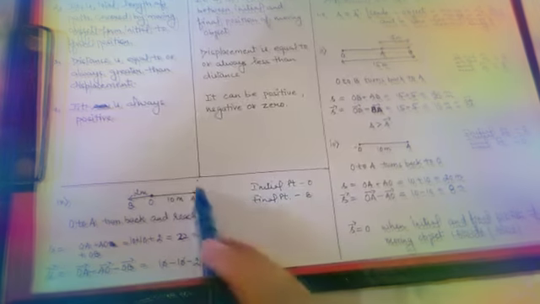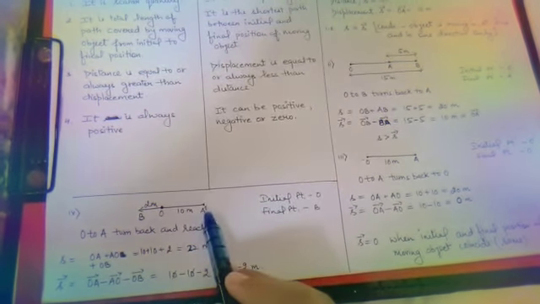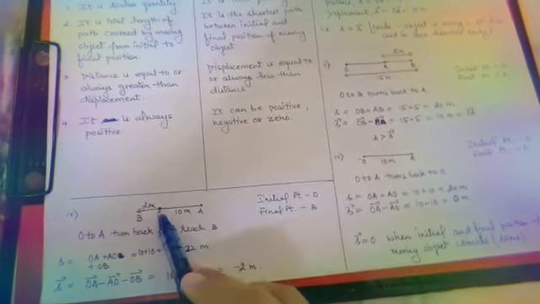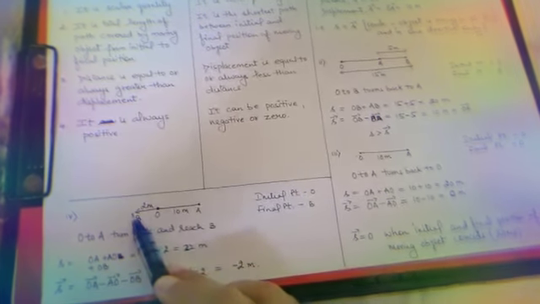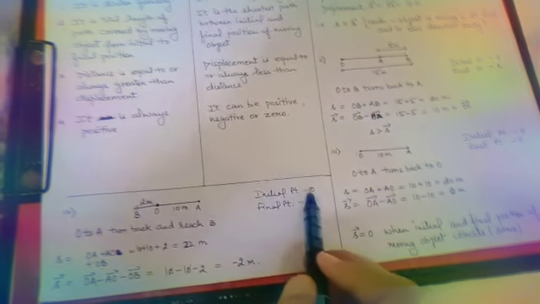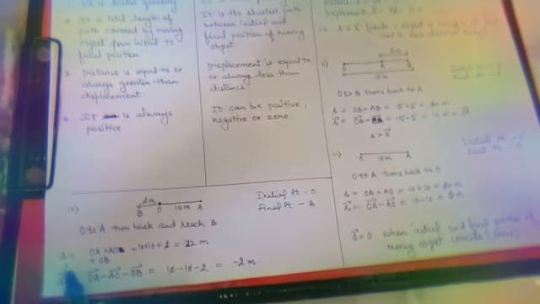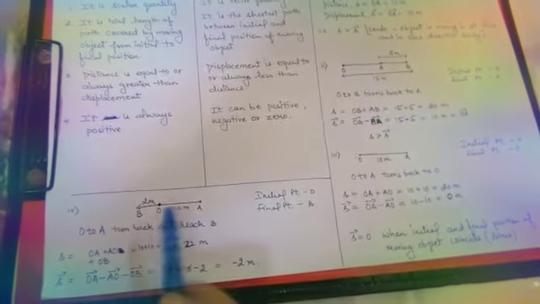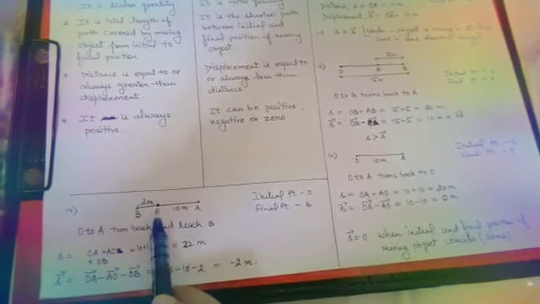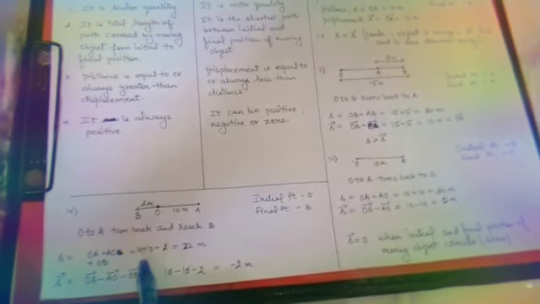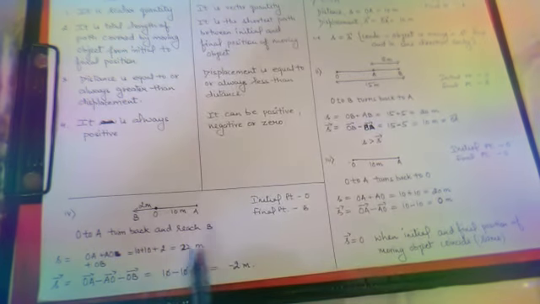Last one, the object started from O, reached A, then turned back to O and moved further to point B. Here the initial point is O and the final point is B. Distance, total path covered, that is OA plus AO plus OB, 10 plus 10 plus 2 equals 22 meters.